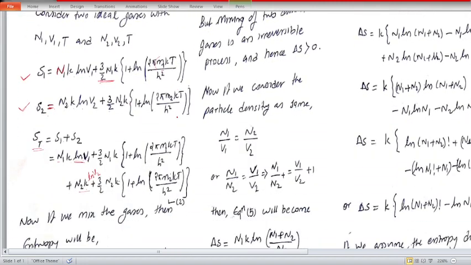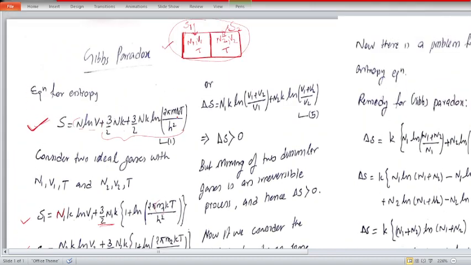Now, if you remove this barrier in the center and mix these gases, so that particles from this side can go to the other side and vice versa, and all the particles of the gases mix, then what will be the entropy?